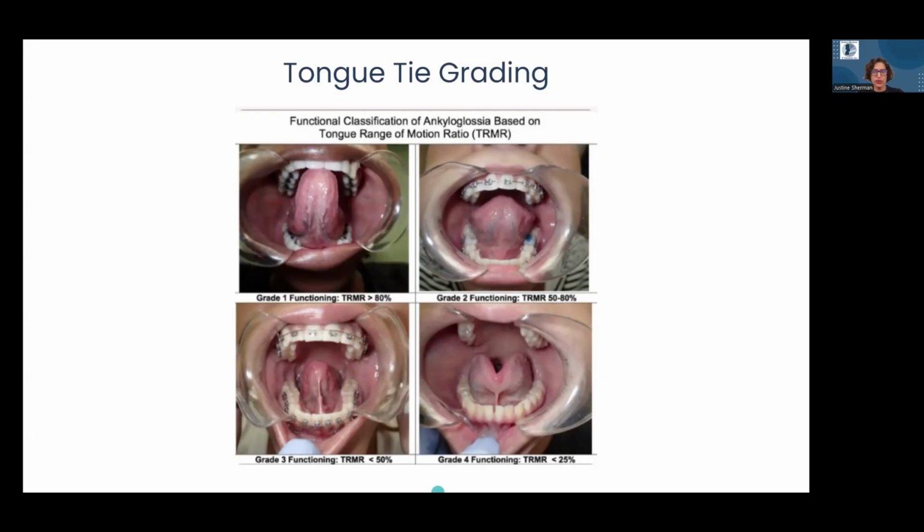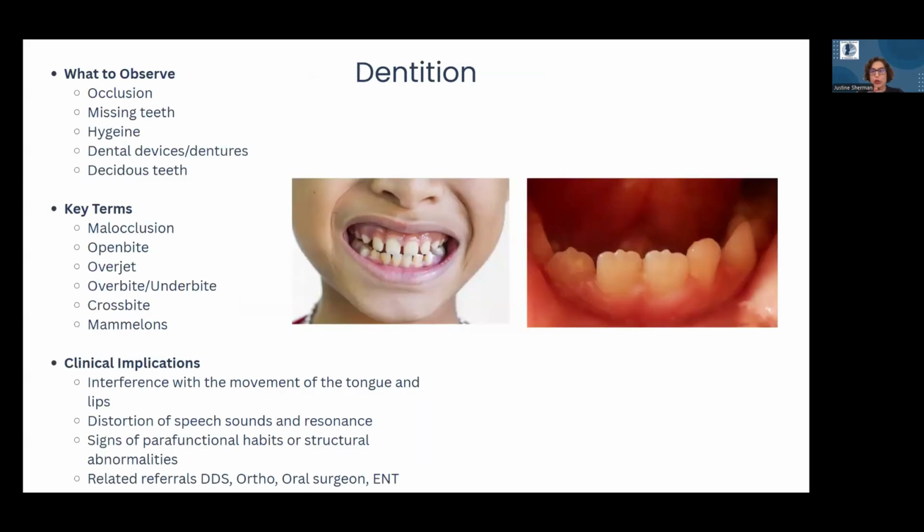Okay, we're going to jump to dentition here. When we're looking at dentition, we focus on structure and alignment, but we always have to connect that to function. The teeth influence tongue placement, airflow, chewing, and oral motor strategies. So we're going to look at rest, speech, and feeding.